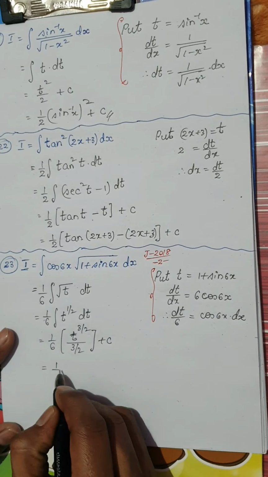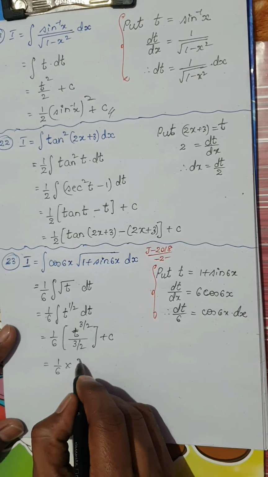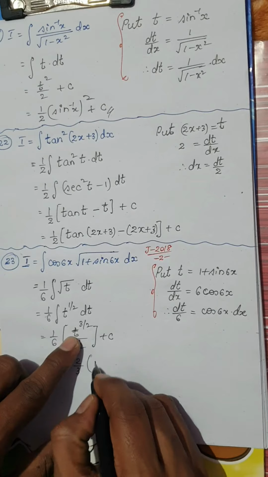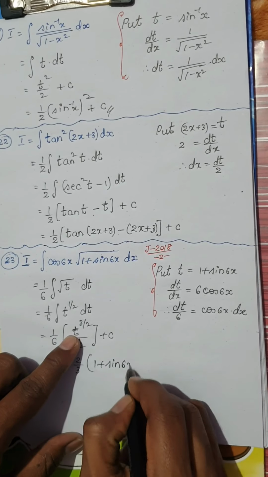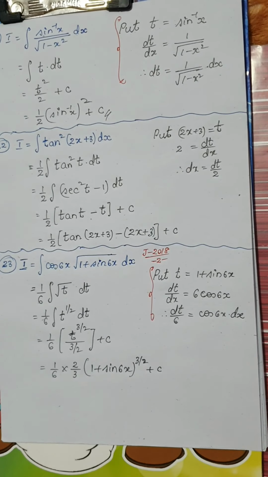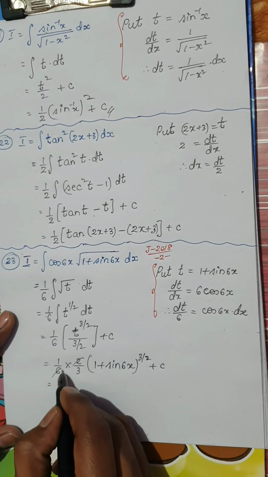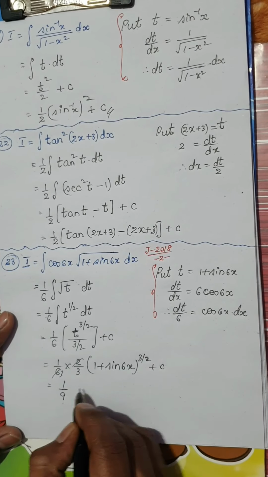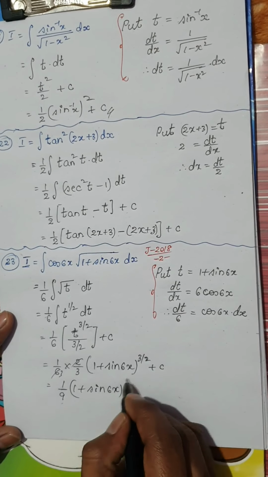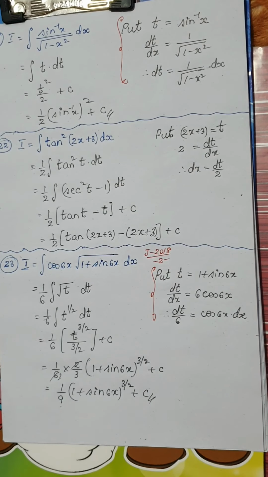So this is 1 by 6 into the reciprocal of 3 by 2, which is 2 by 3, into t power, t means 1 plus sin 6x, power 3 by 2, plus the constant of integration. So the final answer would be, now you can cancel the 2s and 3s, so it will be 1 by 9 into 1 plus sin 6x whole power 3 by 2 plus the constant of integration.